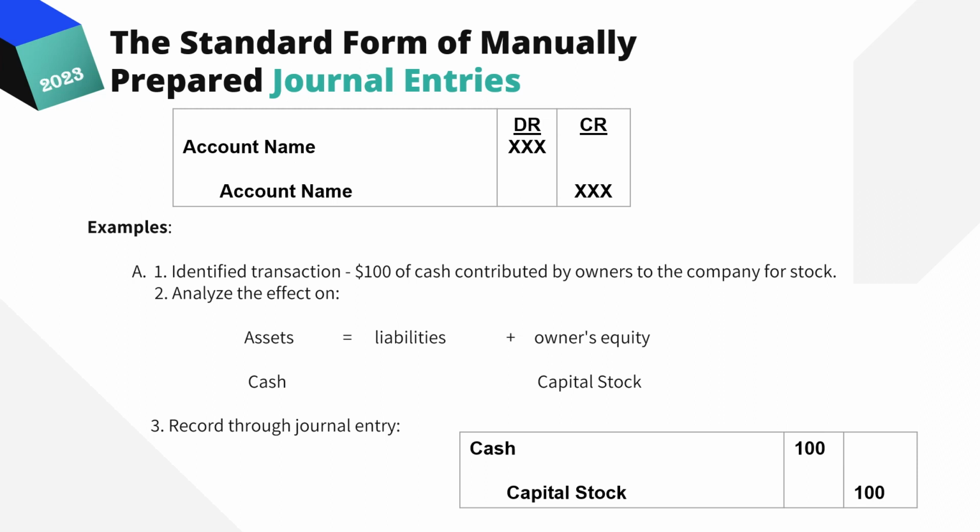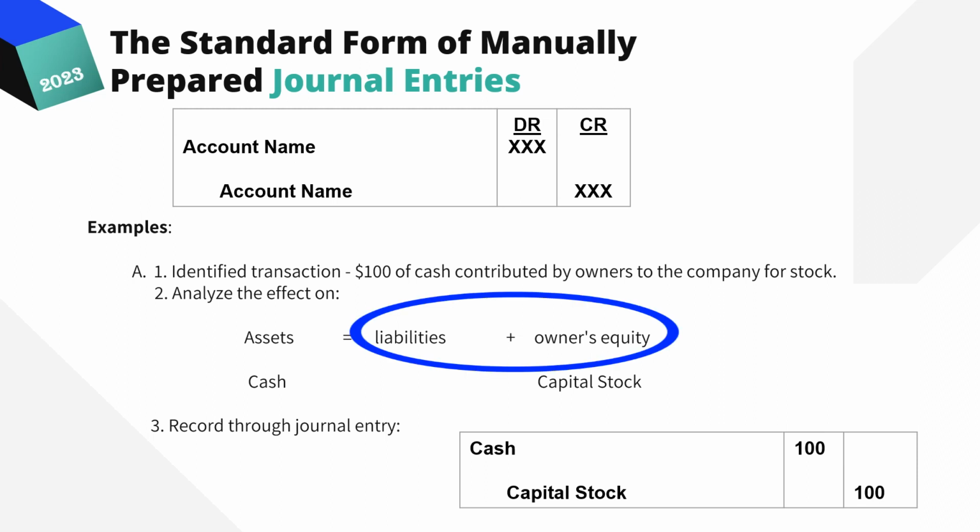From the business's separate entity standpoint, if we analyze this transaction, assets increased. The asset was cash. The company has no future obligations. What we have here is owner's equity being increased as a representation of the amount of cash provided by owners through a capital contribution, referred to in this case as capital stock.